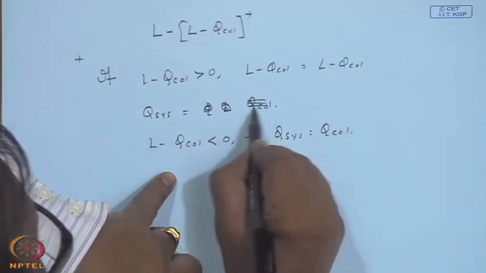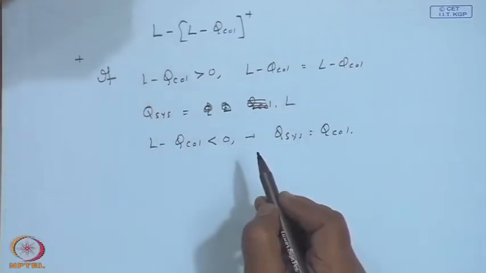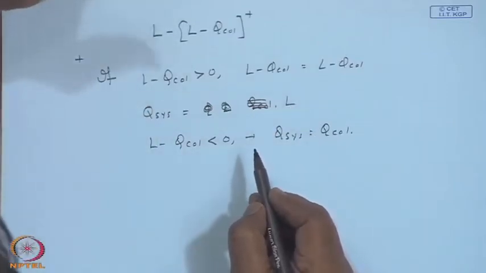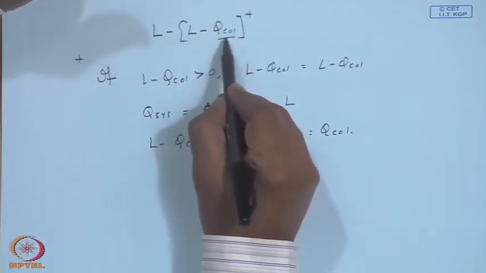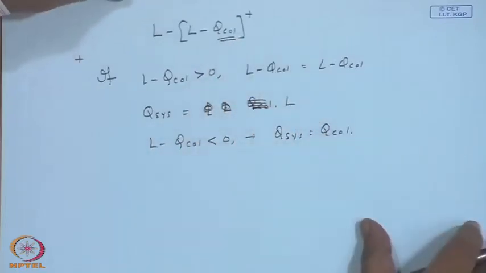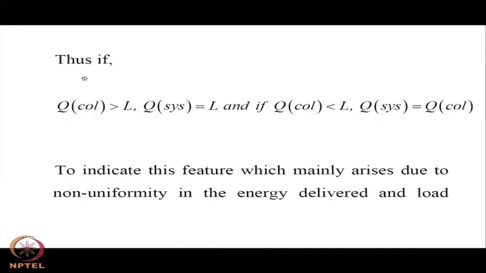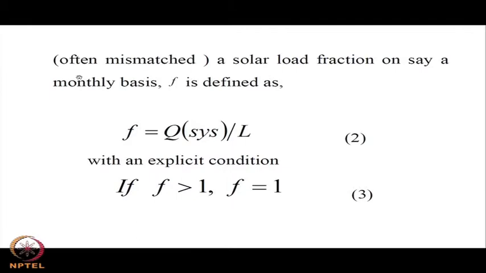So, this should be L. In other words, the system cannot have more than the load. In the case when the supply is less than the load, then it is equal to the supply. So, this has been put, I think, more clearly, and you can see this. This mainly arises due to non-uniformity in the energy delivered and load mismatch.